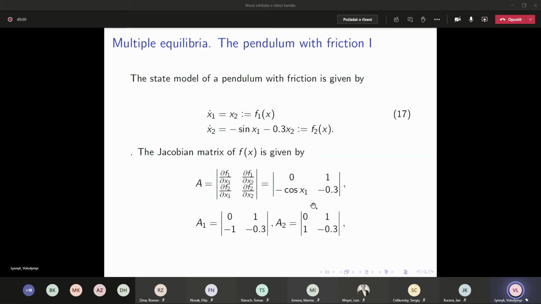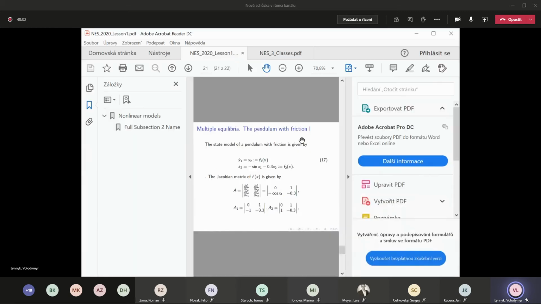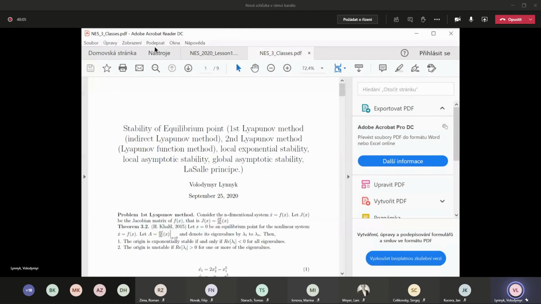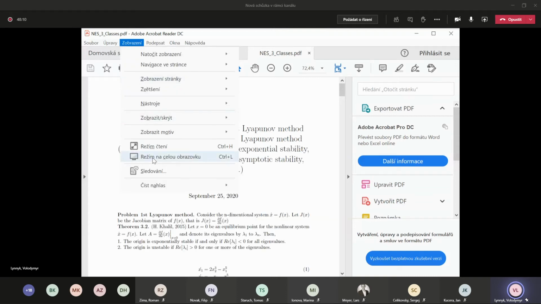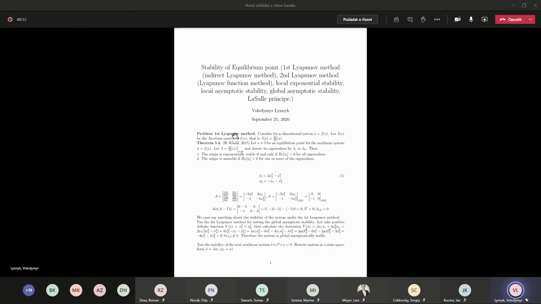Okay, and now I will talk about the stability of equilibrium points, the first Lyapunov method, the so-called indirect Lyapunov method.